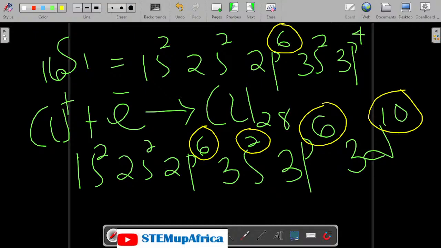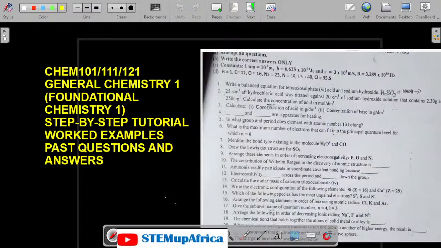So if I look at this 3p4, instead of 6, we now have 4. How many unpaired electrons does it have? It has 2 unpaired electrons, because the maximum number in the p orbital is 6, and at the end of the day we have 4. So you can use that to answer question 15, and you can put the answer in the comments.